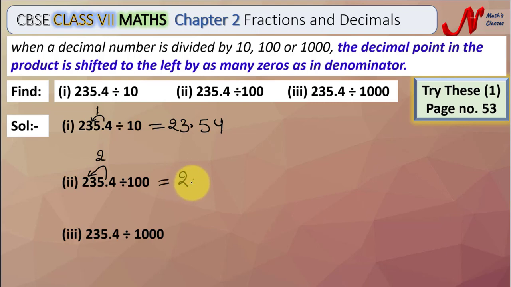So it can be written as 2.354. Next, third one, 235.4 divided by 1000. So in denominator we have 3 zeros, so we shift the decimal point to the left side 3 places. So we can write it as 0.2354.